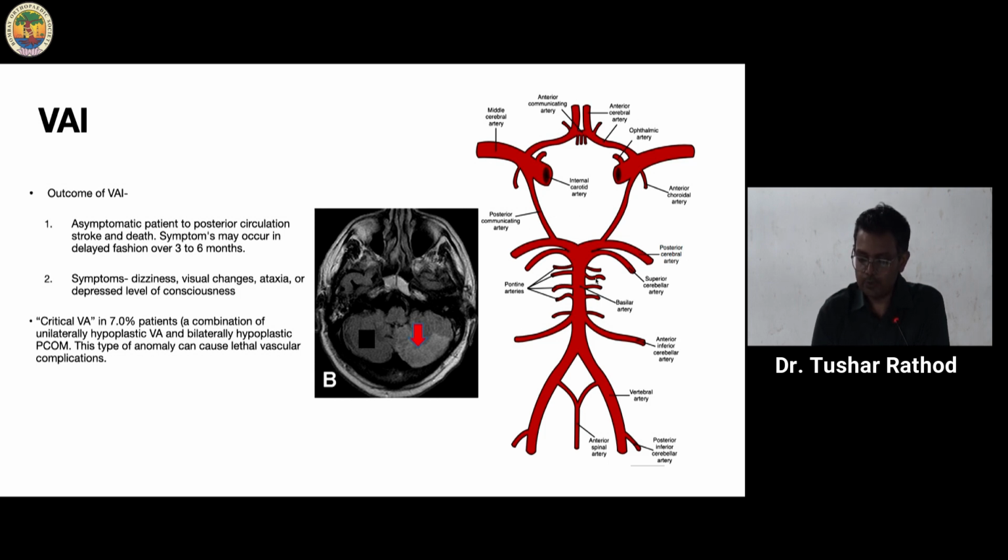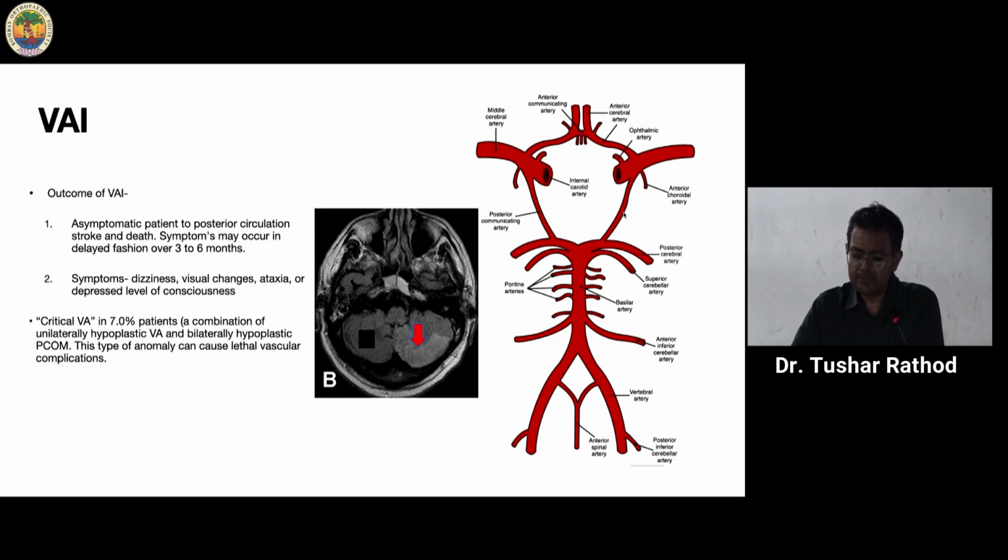You may get a bilateral or even a dominant vertebral artery injury and still get away. Or you may have something called a critical vertebral artery, where you have a one-sided dominant vertebral artery, the other one is hypoplastic, and there is an incompetent circle of Willis or absent posterior communicating artery, and then you will get a full manifestation of a lethal vascular complication.